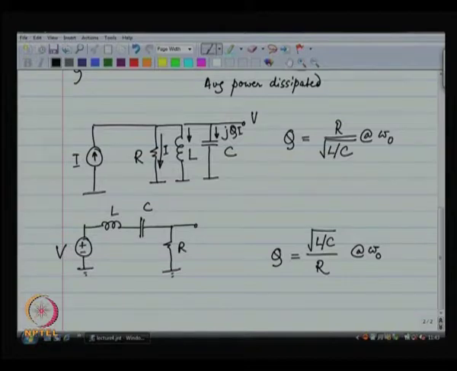Similarly, for the series RLC network, the voltage across the resistor at resonance was V, the voltage across the inductor was minus j Q V, and the voltage across the capacitor was plus j Q V, something of this fashion.